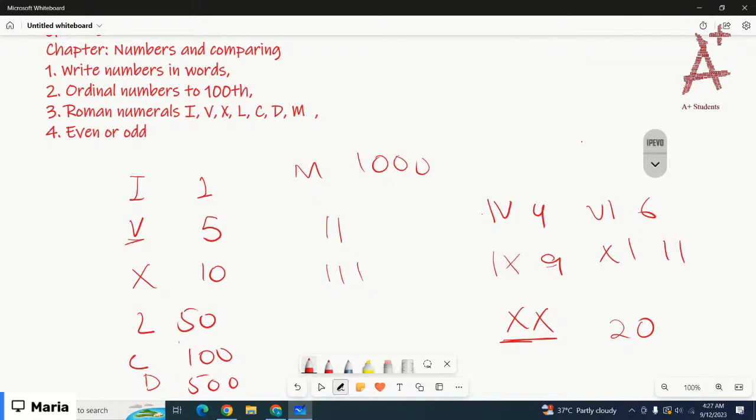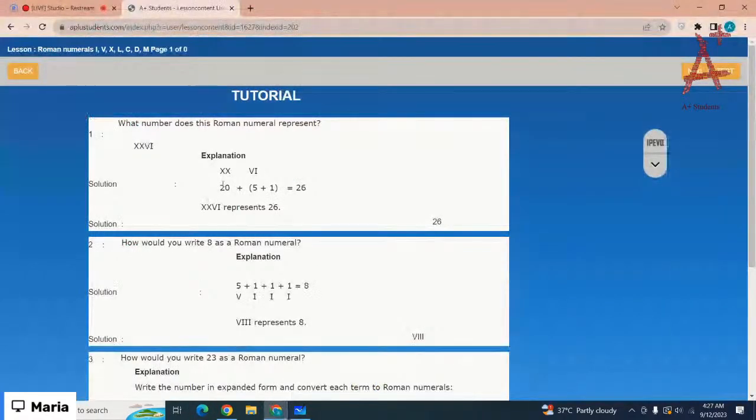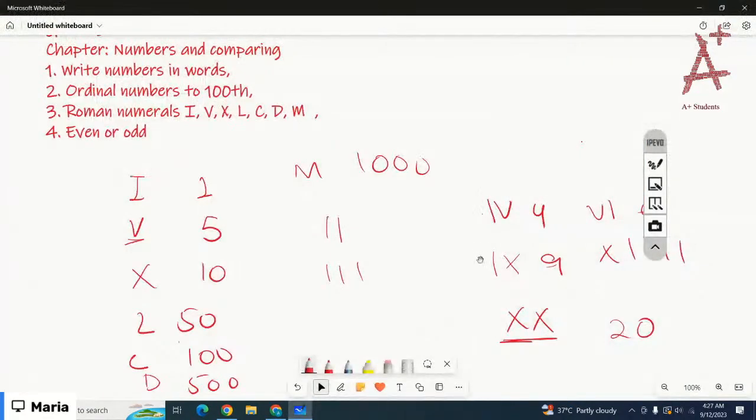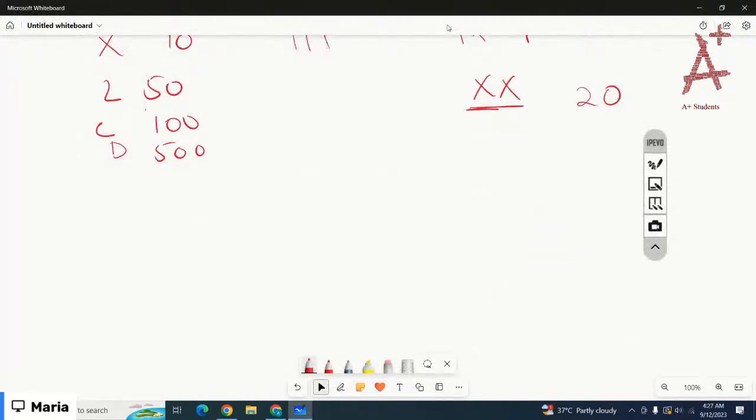So let's just start with the practice questions. We just review them. The first one is XXVI, right? How do you count them, right? We know that each X represents 10: X, X, VI. Let's just do it on board. Okay, you have X, X, VI. Each X represents 10.